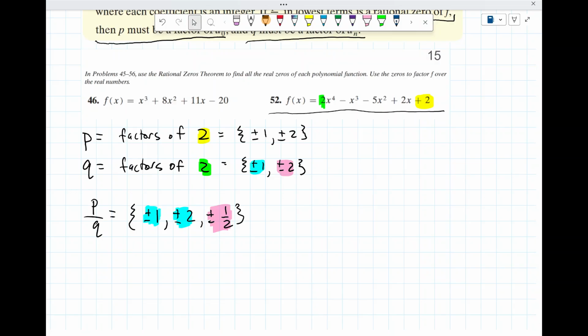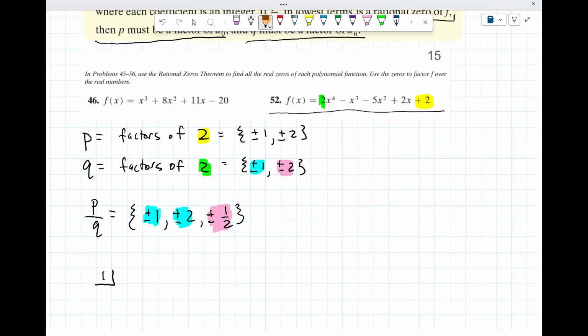And what I like to do is I just start on the left, start with plus 1, then I test negative 1, then I do plus 2, then I do negative 2, etc., until I find a 0. And I'm going to use synthetic division to find these zeros. So I'm going to start with positive 1, and let's see if this works. So I'm going to write down positive 1.